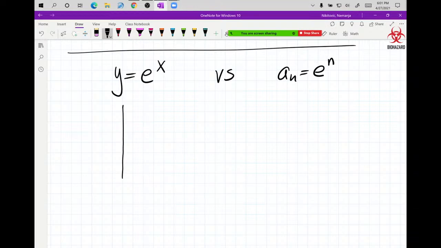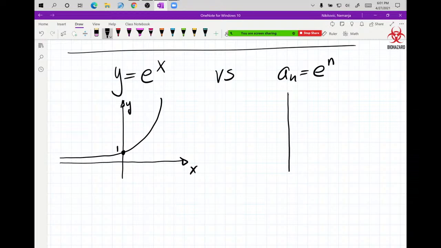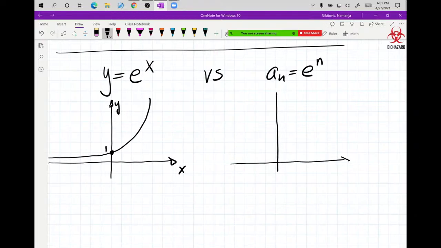On the left-hand side, we have our exponential function going through 1, a continuous line, x and y inputs. On the other side, we have something completely different.